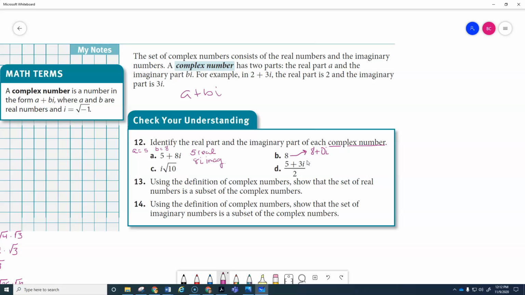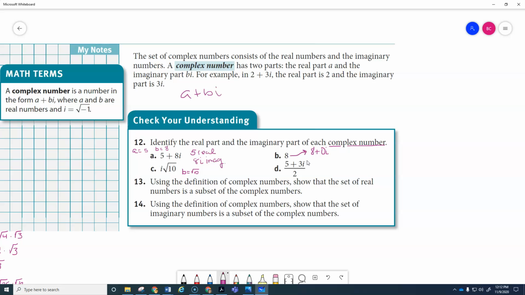So what is it when it looks like you don't have a real part, and you just have an imaginary part? Remember, there's no plus or minus sign in there, so in this case, b is the square root of 10, okay? That's the coefficient of the imaginary part. b is the square root of 10.